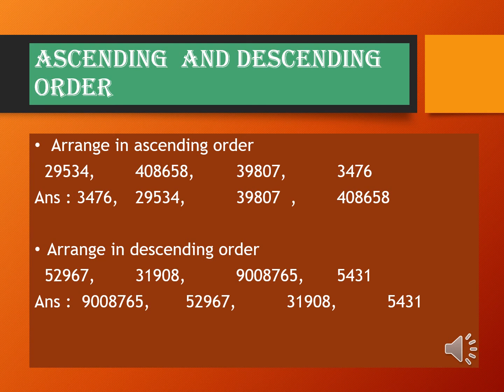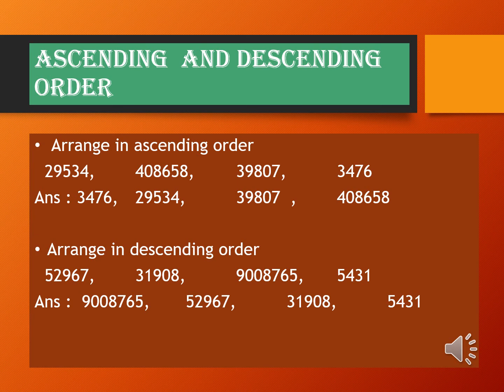So in second and third position, we can find the other two numbers. In the first number in 10,000 position is 5, and in the second number in 10,000 position is 3. So which is bigger? 52,967 is bigger than 31,908.